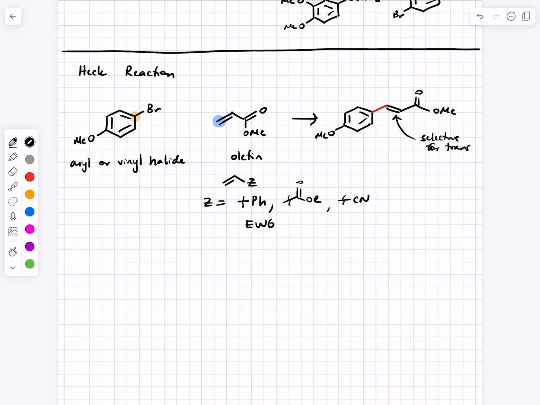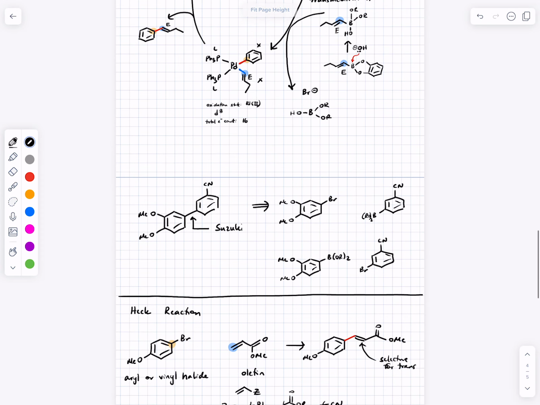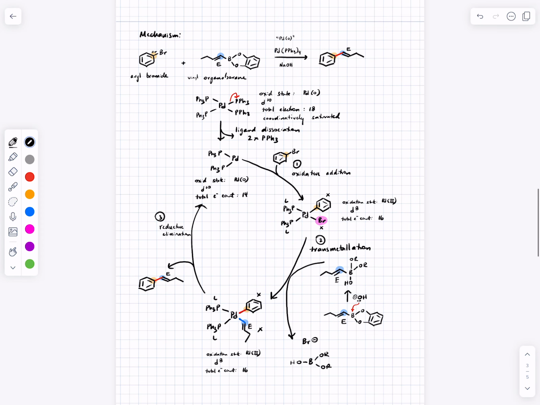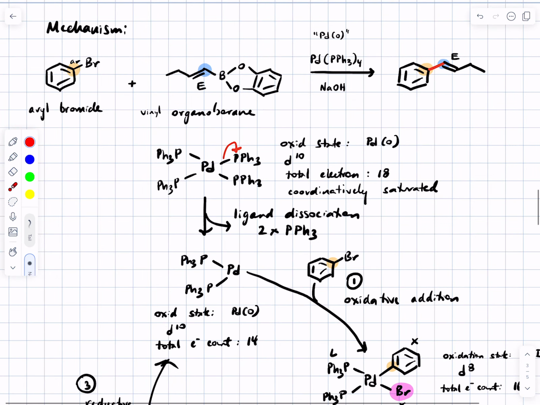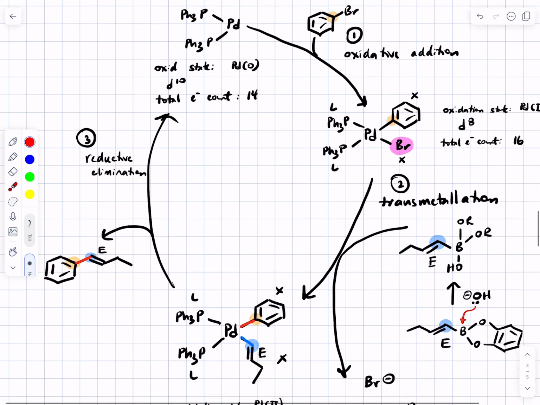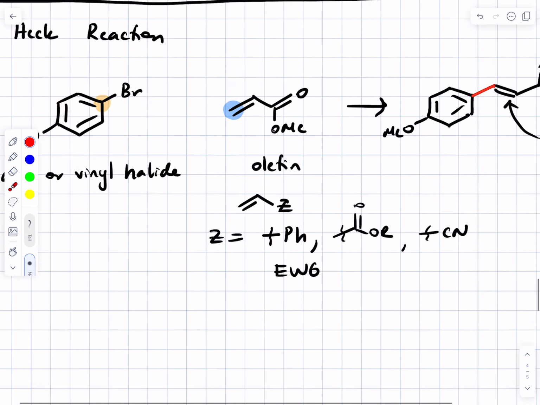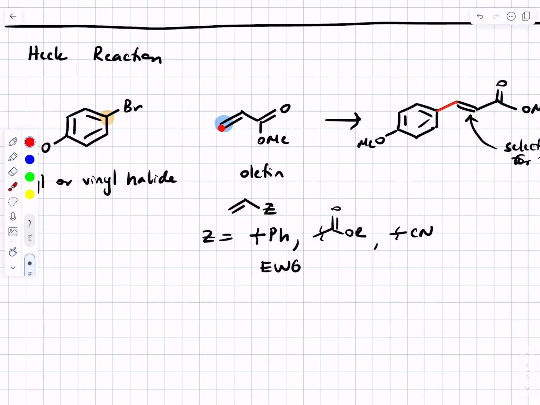Why do I say selectivity? Before in the Suzuki reaction, I said the stereochemistry of the vinyl portion is preserved, and that's true. But of course, in the Suzuki reaction, the vinyl organoborane has both portions, bromide and borane, have things on the sp2 carbons. Interestingly, in the Heck reaction, the carbon we're making the bond with is unsubstituted or has no particular halide or borane functionality.